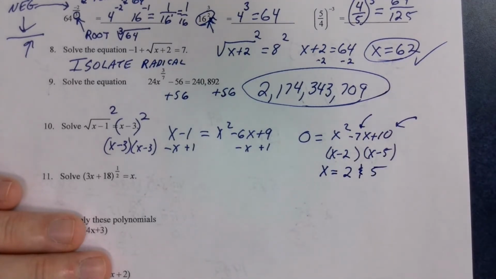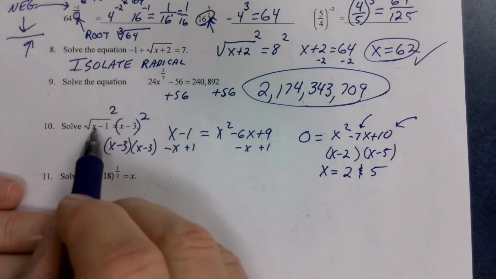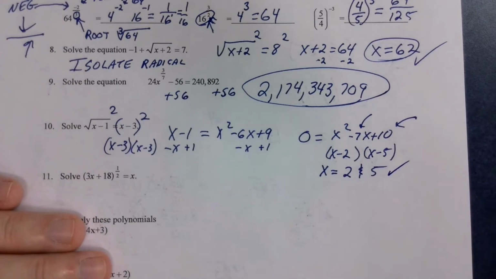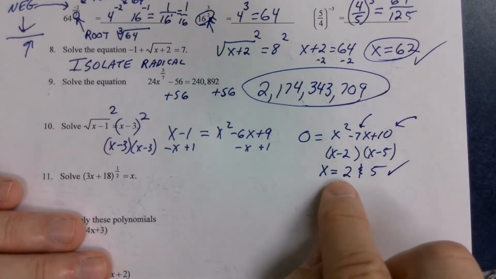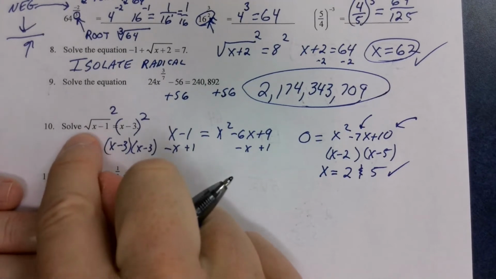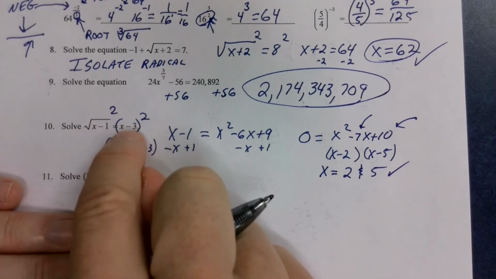And what I'd want to do is check those back into my original problem. So when I check 5 up here, 5 minus 1 is 4, square root of 4 is 2. 5 minus 3 is 2. 5 checks. Yay, works. Real. Check 2. 2 minus 1 is 1, square root of 1 is 1. 2 minus 3 is negative 1.